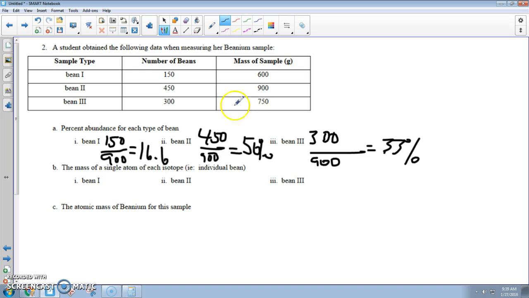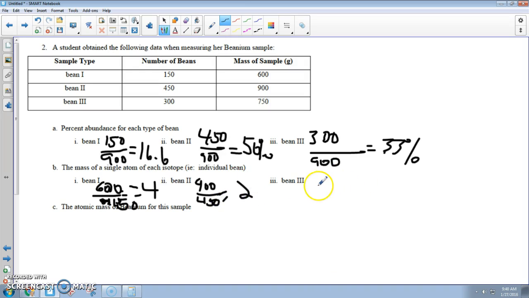The mass of a single atom. So if 150 beans weigh 600, I can do 600 divided by 150, which equals 4. I can do 900 divided by 450 equals 2.